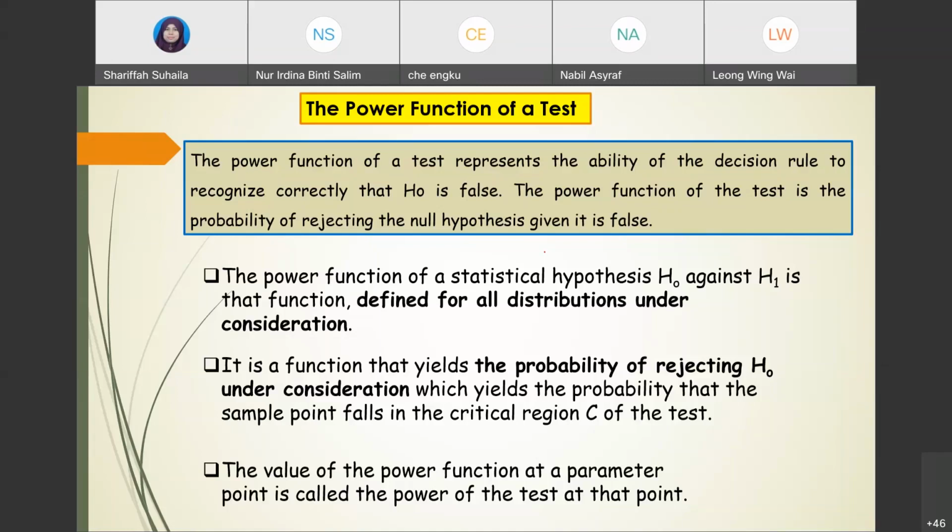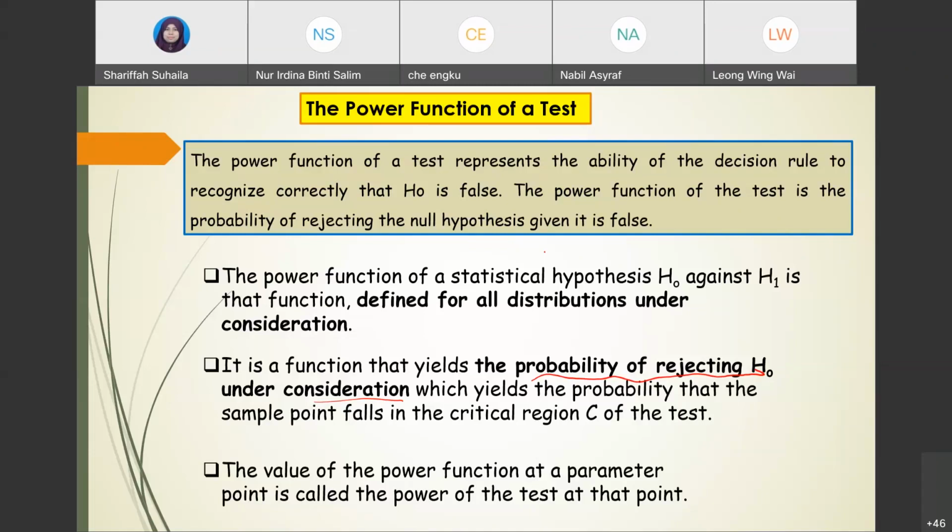So kita kena tengok dia punya null, kita kena tengok dia punya alternative dia. Okay, so it is a function that yields the probability of rejecting H naught under consideration, which yields the probability that the sample point falls in the critical region C of the test.